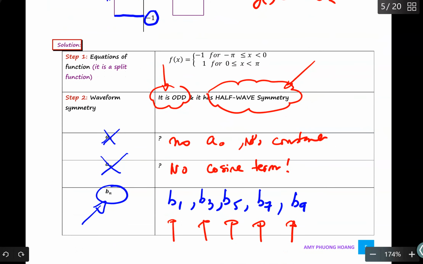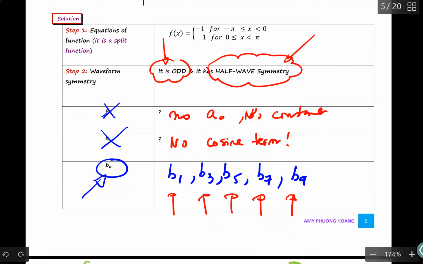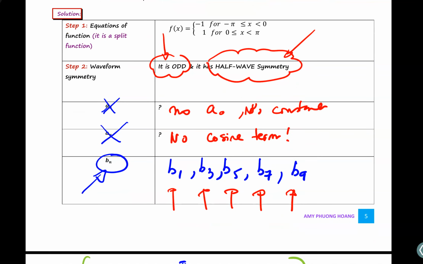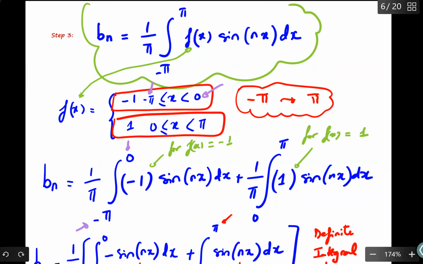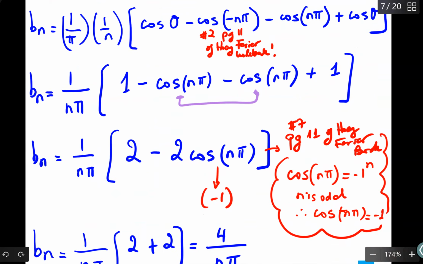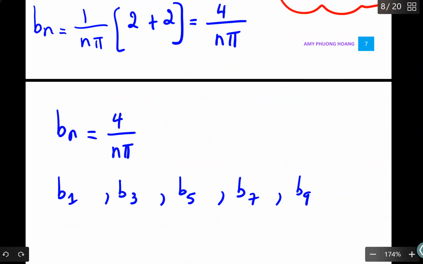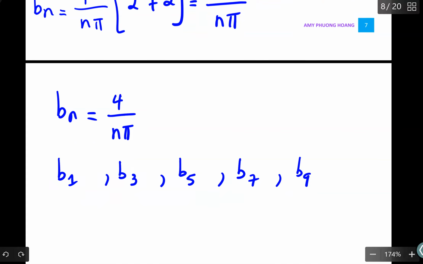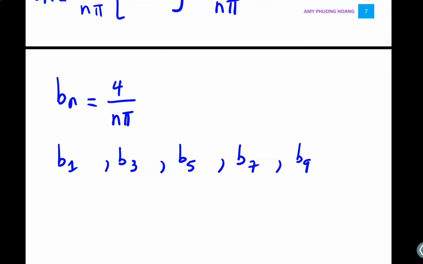In this square wave, it is odd and half-wave symmetry. Therefore, you don't have the constant term, you don't have the cosine term, you only have the sine term. And because it's half-wave, you can only have the odd harmonics. Odd harmonics would be B1, B3, B5, B7, and B9. After you integrate, you find the unspecified values for Bn, which is Bn equal to 4 over n times pi. Now you specify it as B1, B3, B5, B7, and B9.